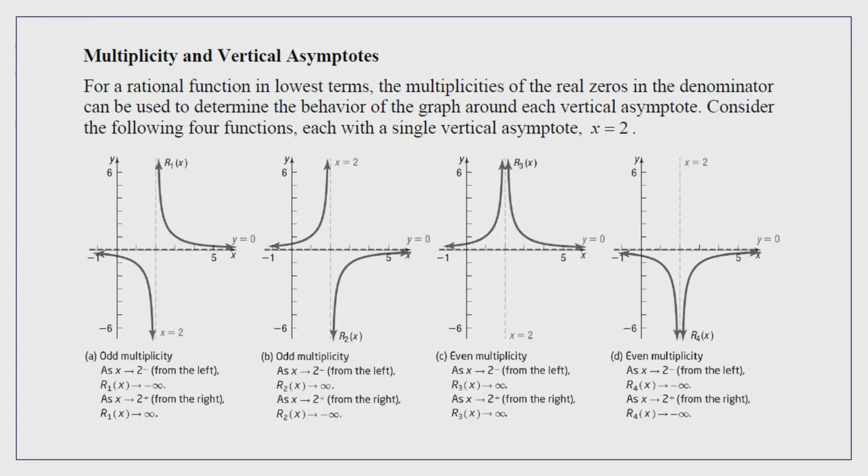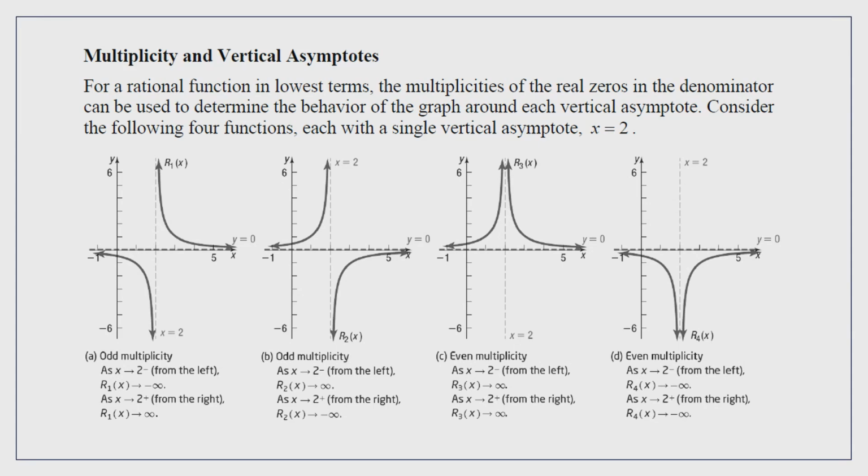Similarly to D, approaching from the left or the right of x towards 2, our y is approaching negative infinity. And when you see this represented in your graph on a rational function, you can then state that there is an even multiplicity at that value.